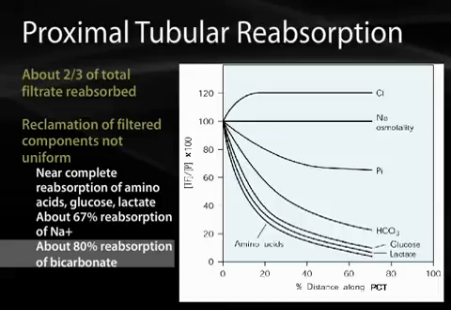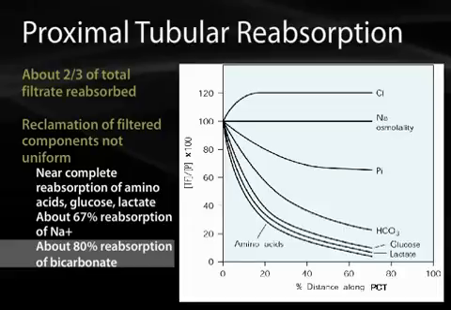Sodium reabsorption, while it predominates in the proximal nephron, occurs in an isoosmotic fashion. This is why the sodium concentration in the tubular fluid remains the same as the sodium concentration in the plasma. The other substances are all reabsorbed coupled with sodium. The first one denoted is phosphate, abbreviated by Pi.